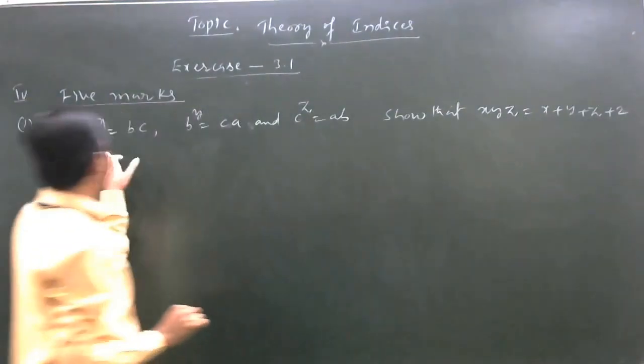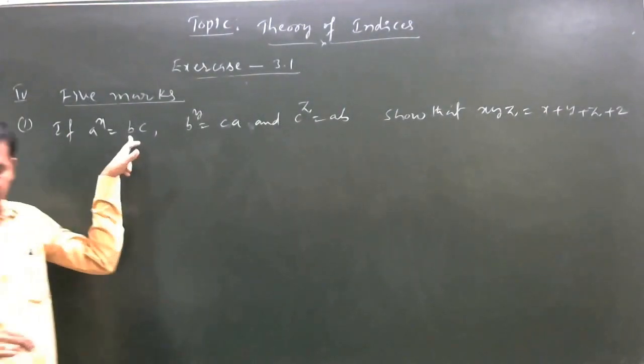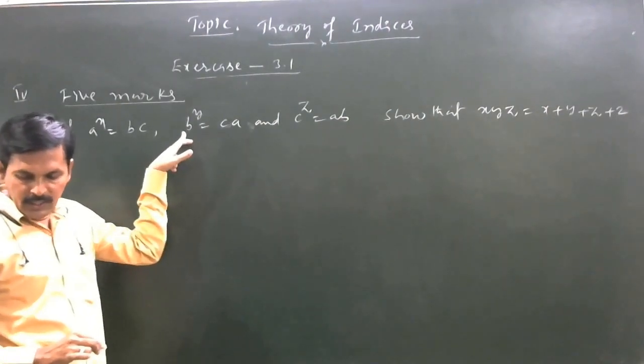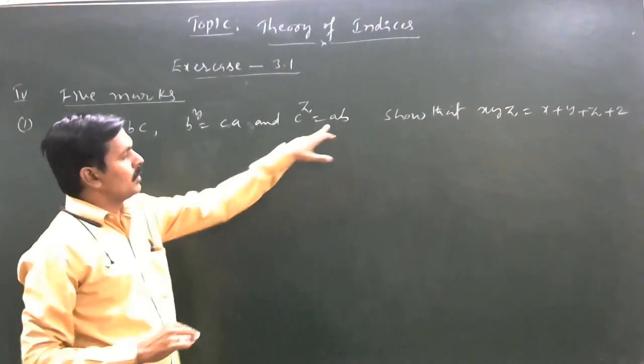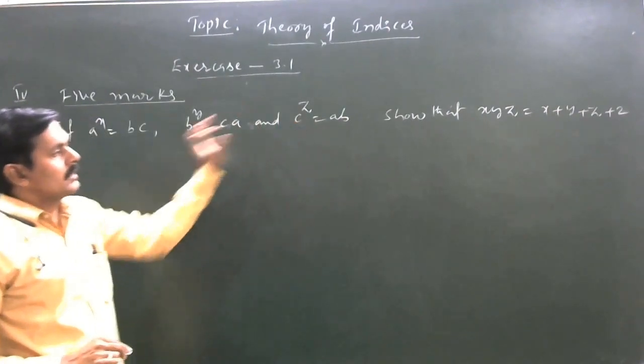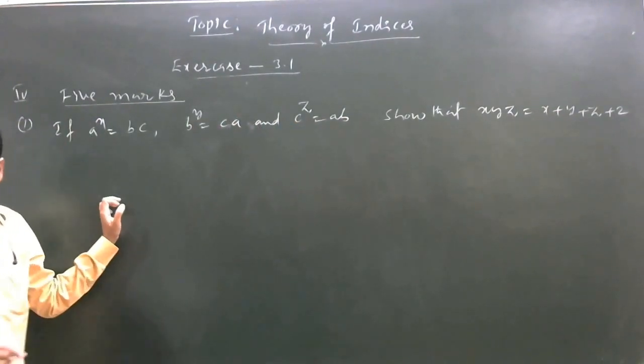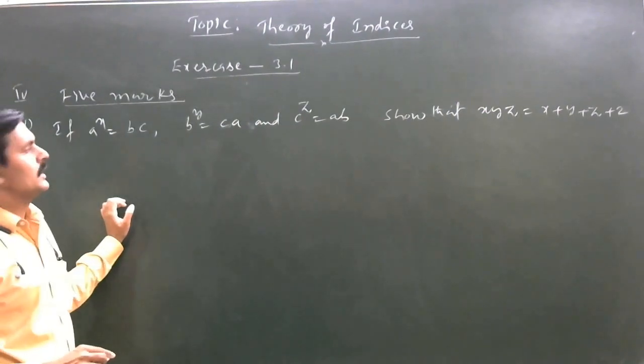So a power x equal to bc, b power y equal to ca, c power z equal to ab. Then to show that x into y into z equal to x plus y plus z plus 2.